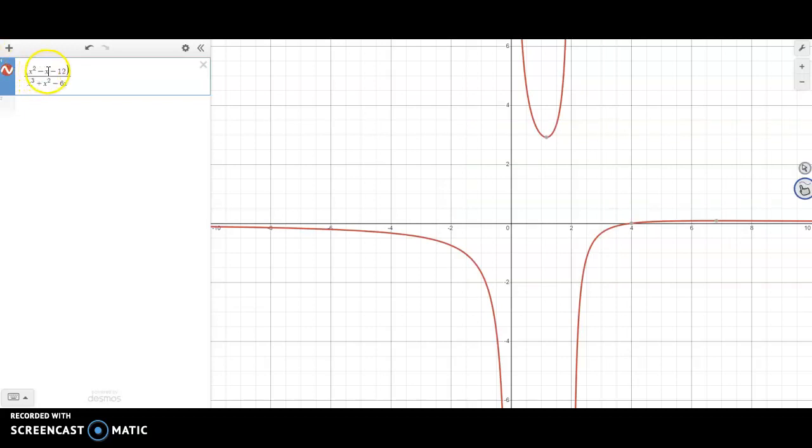Like I said before, you've got to put a parenthesis around the top in order to make a fraction. And now that I've got that, I can look at my graph here. And again, this also confirms your work. There clearly is a vertical asymptote at 0 and a vertical asymptote at 2. And we approach this way, we approach over here.